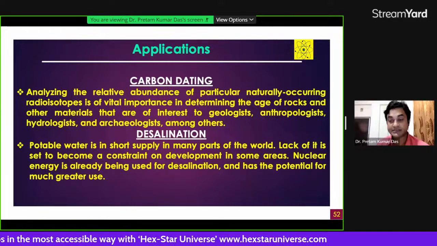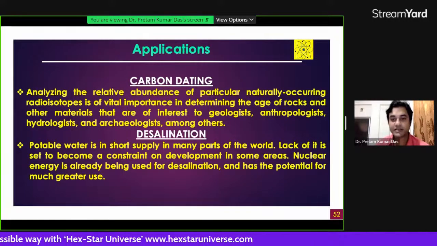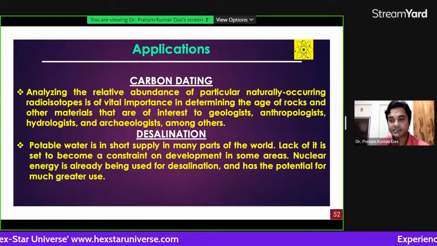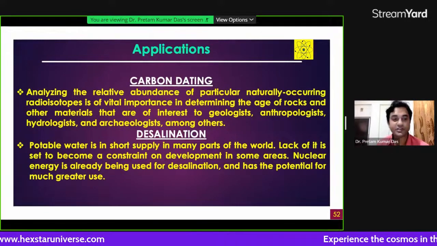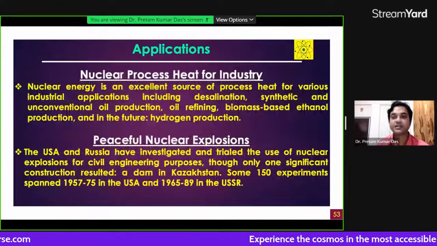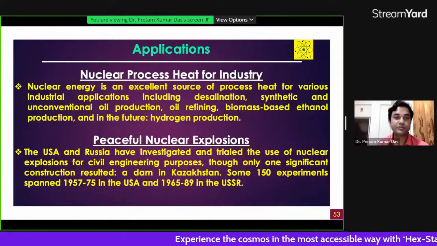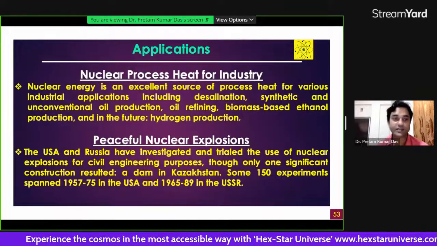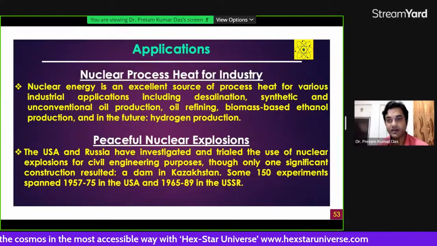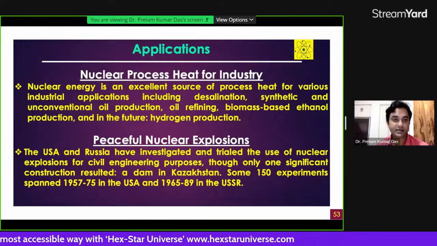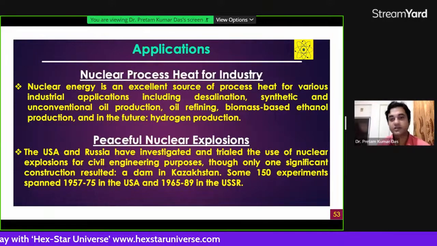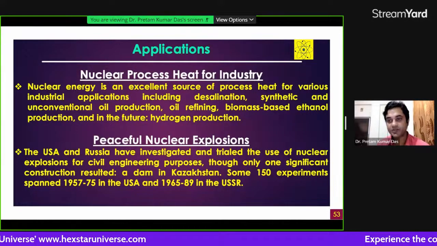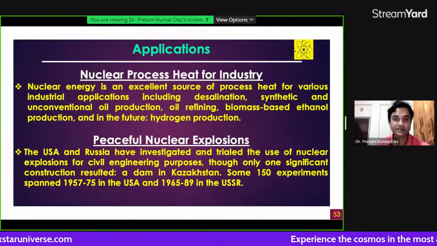Nuclear energy is already being used for desalination and has potential for much greater use. Nuclear process heat for industry: nuclear energy is also an excellent source of process heat for various industrial applications, including desalination, synthetic and unconventional oil production, oil refining, biomass-based ethanol production, and in future hydrogen production.